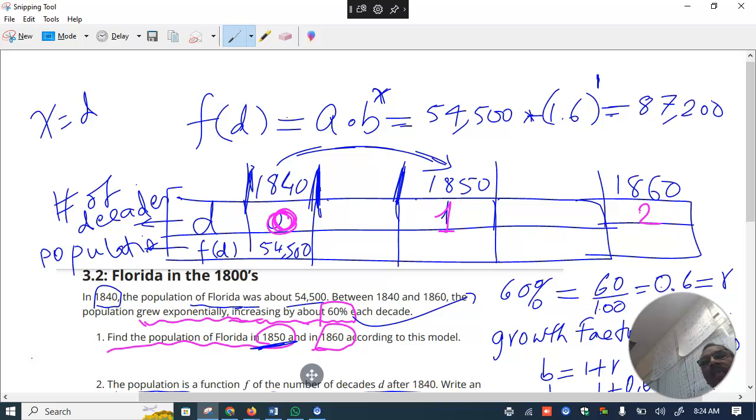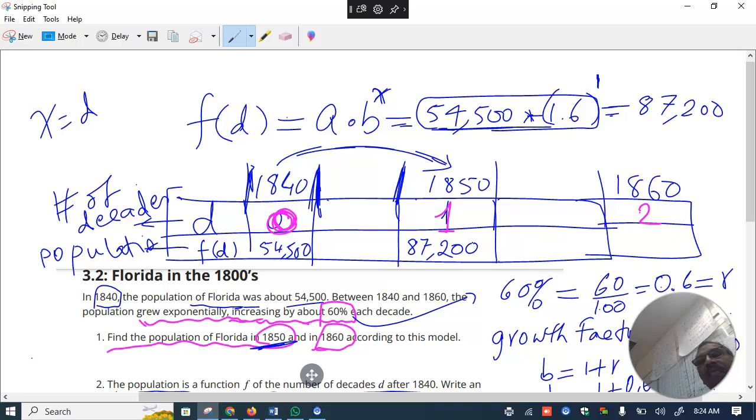Okay. So check this: when you multiply these two pieces, 54,500 by 1.6, the answer becomes 87,200. So that's a 60% increase in the population from 54,500.